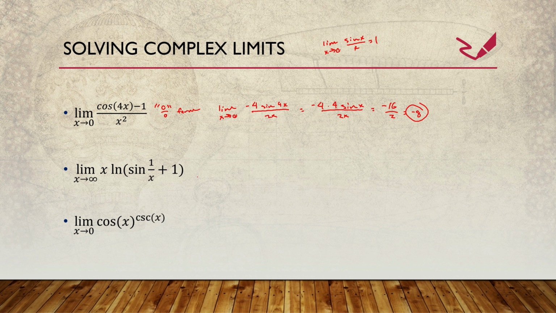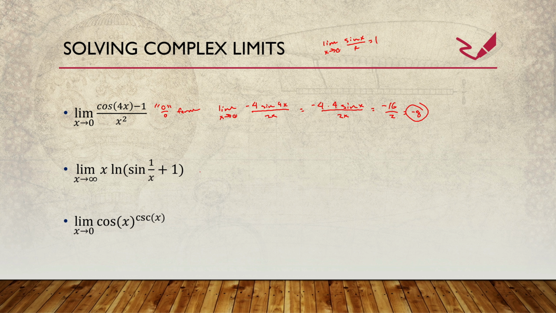So now we'll move on into the second one. Now the second one's a little bit tricky, and there's always a trick to everything. As you can see, for this limit here, we have a natural log. Natural logs always stay in the numerator whenever you're doing complex limits. So in order to figure this one out, we have to move a term into a denominator so that we would have a form of infinity to infinity.